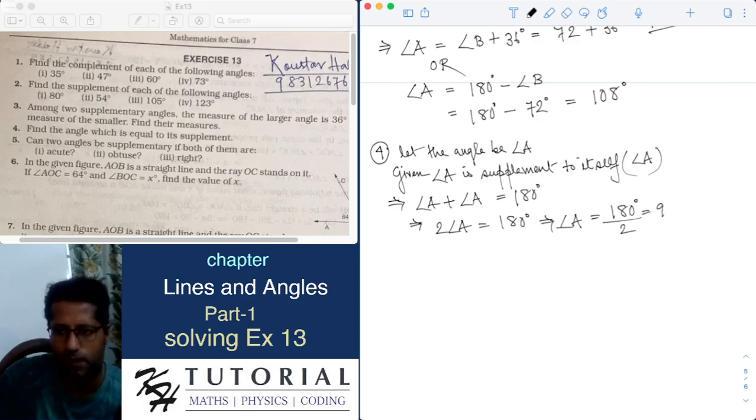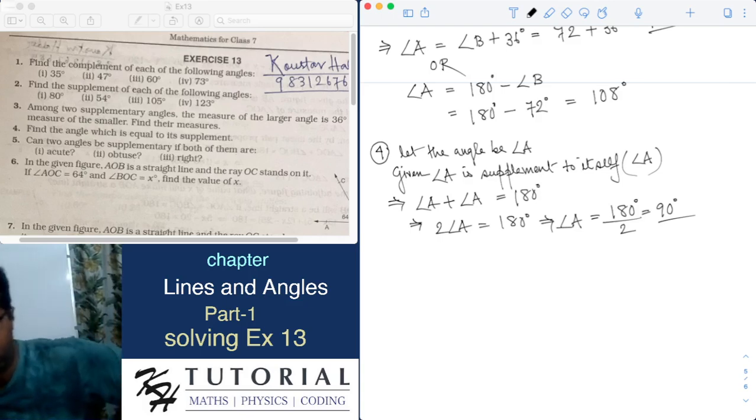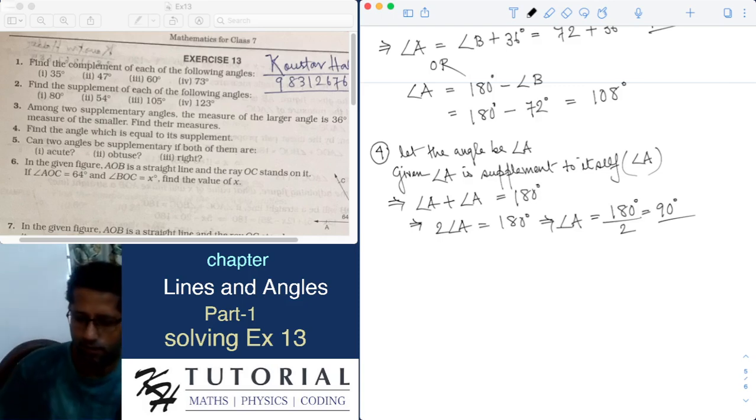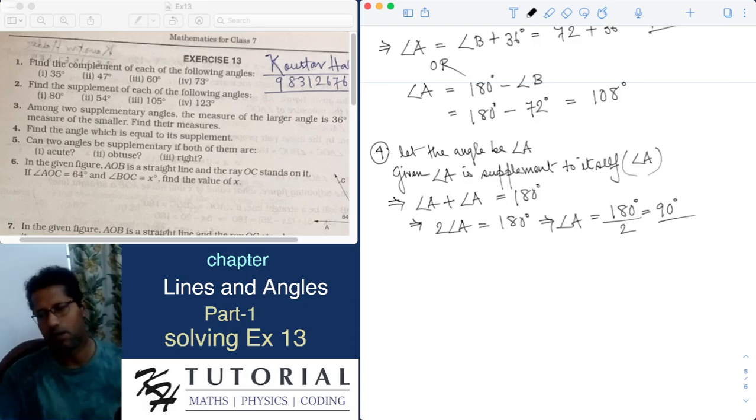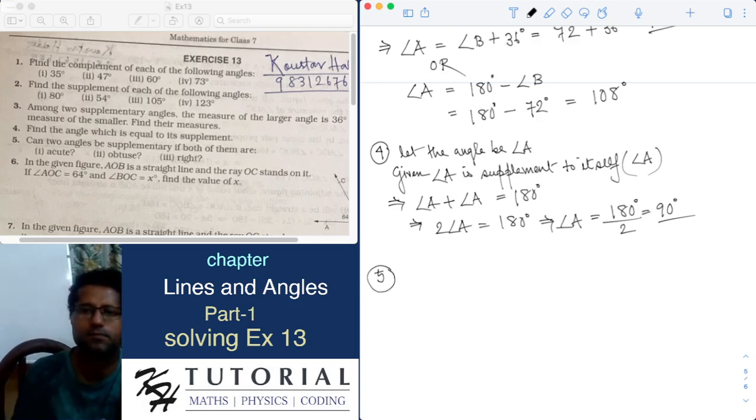This is 90 degree. So the angle is 90 degree and its supplement will obviously be 180 minus 90, that is 90. And so the angle 90 degree and its supplement are equal. Okay. Let's do problem number 5.